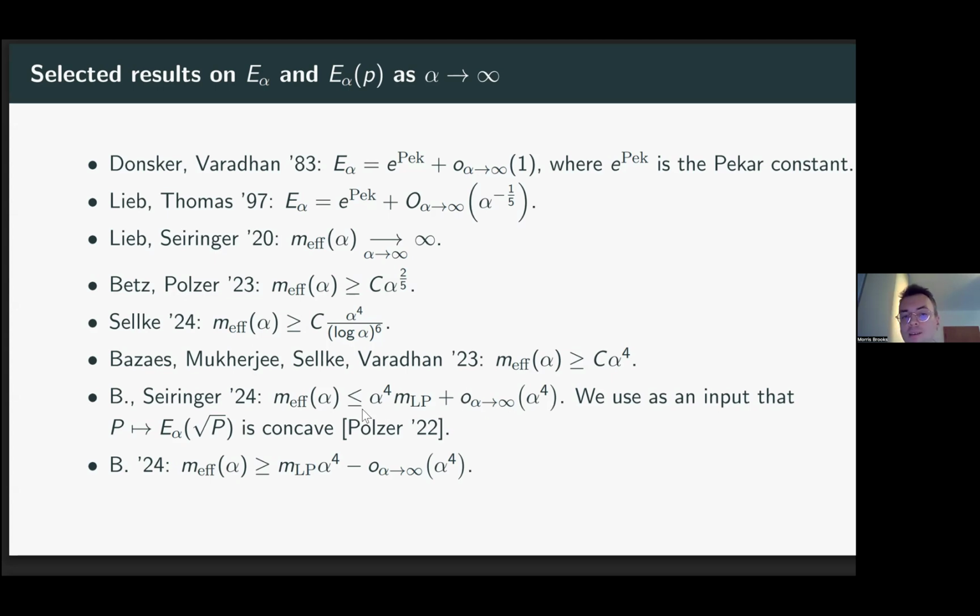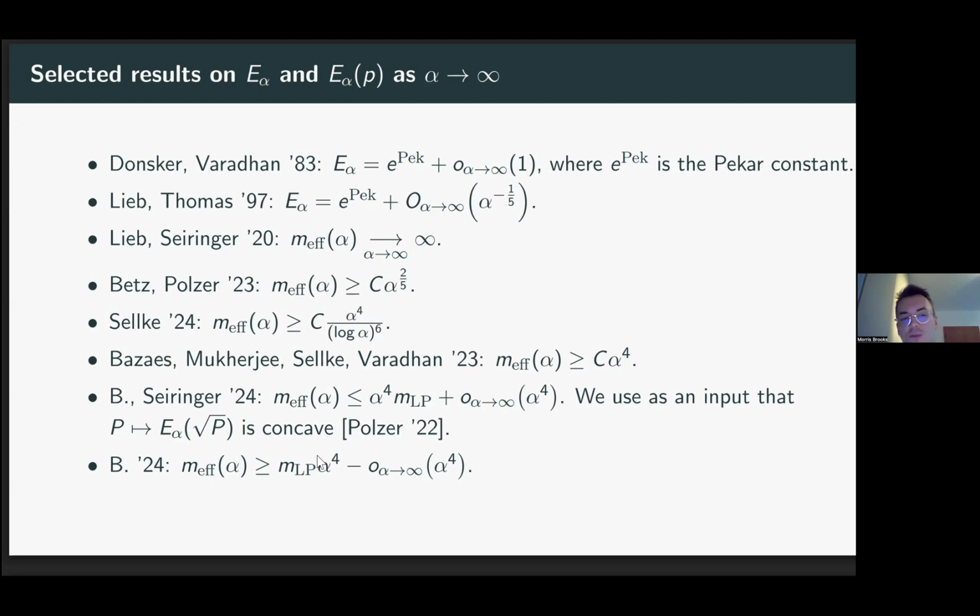So at this point, if you believe the Landau-Pekar-Spohn conjecture, we have shown the optimal upper bound, and the lower bound is almost perfect. The only thing that was missing at this point is the precise constant in the lower bound.